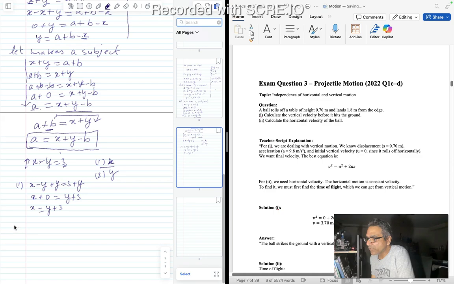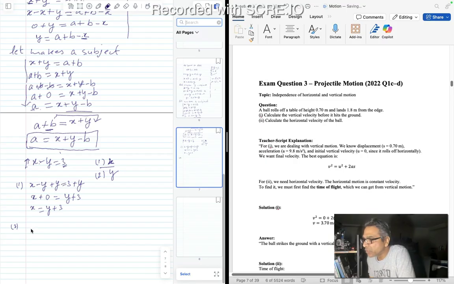Now, the second question arises for the subject y. Now this is going to be a two-step thing, right? So what we are going to do is, first we have to get rid of the x.